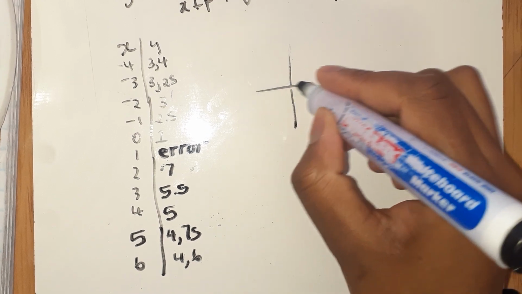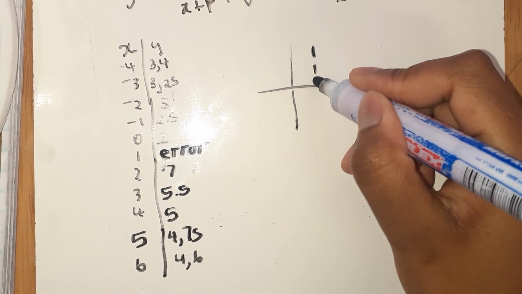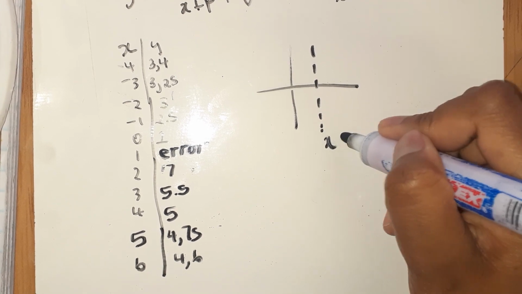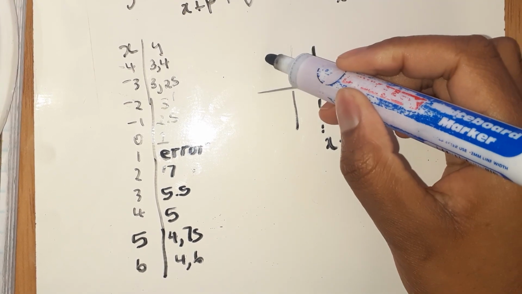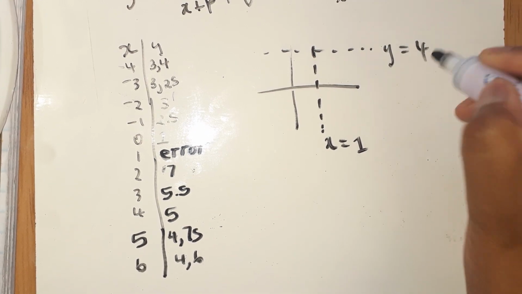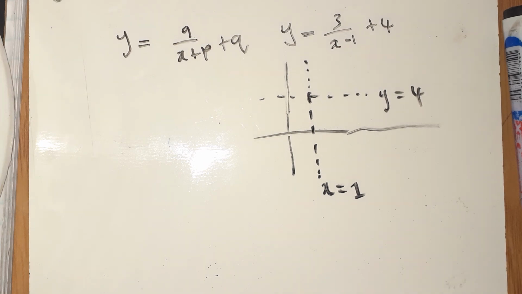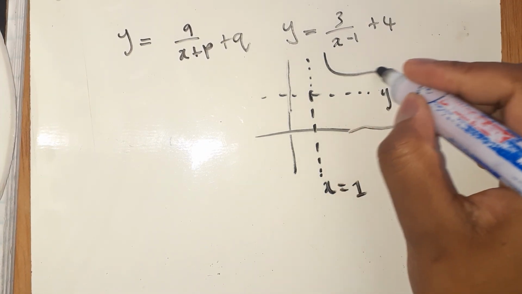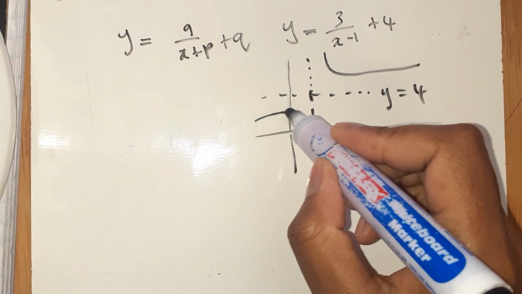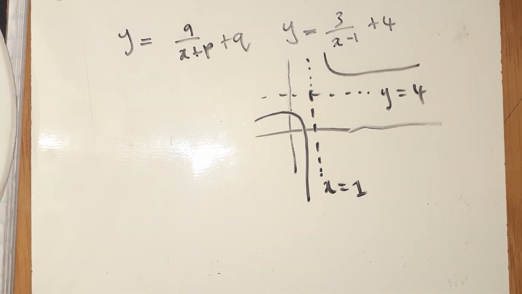Let's say this is the graph, and this graph cuts here for x equals 1 and there for y equals 4. I will have to find another one, but this graph will go like this. For the y values, it's just going on and on. I don't think it's the right example to use, but nonetheless, we should continue.